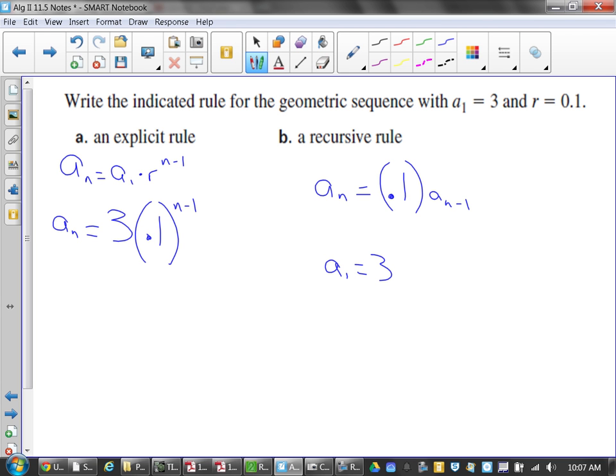It's cleaner than writing a sub n minus 1 times 0.1, it's just cleaner to write it up in front. So the recursive rule is A n equals the rate times A n minus 1, every time. And then the only other part you have to remember to put in there is whatever your first term is. That's it.